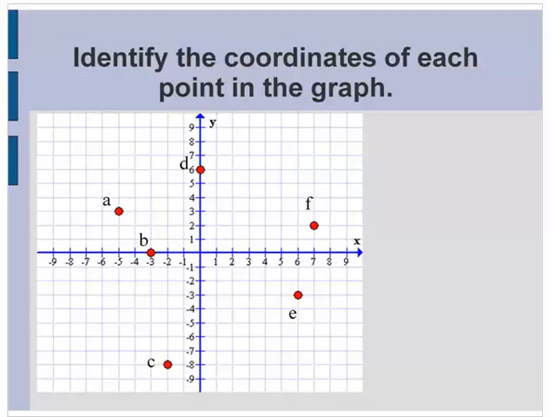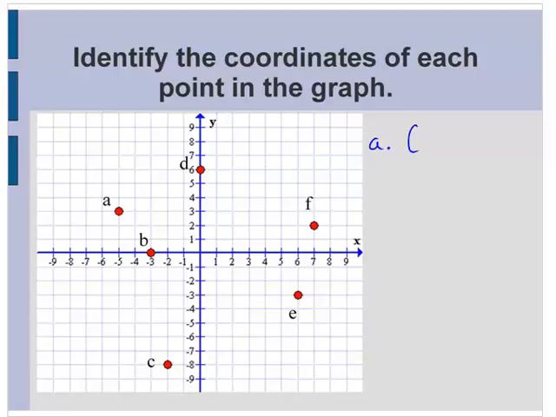Alright, so now let's take this in the other direction. Here I've plotted points on the Cartesian coordinate system, and now let's take these points and identify the coordinates. For example, the point A has an x-coordinate of -5 and a y-coordinate of 3.